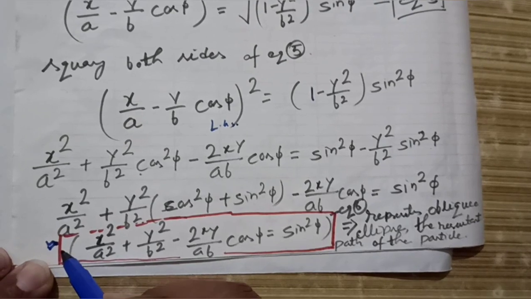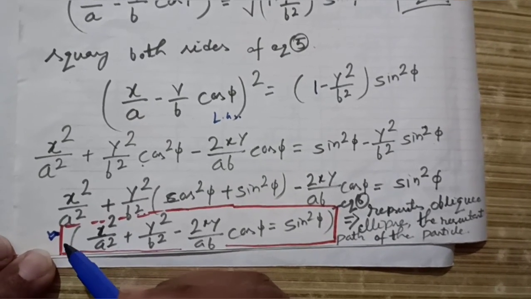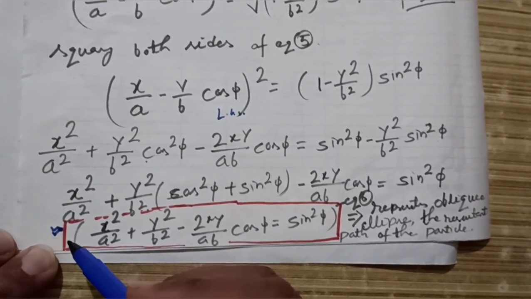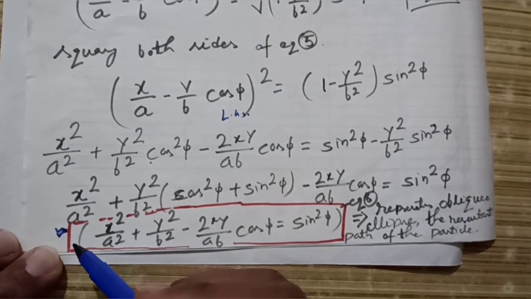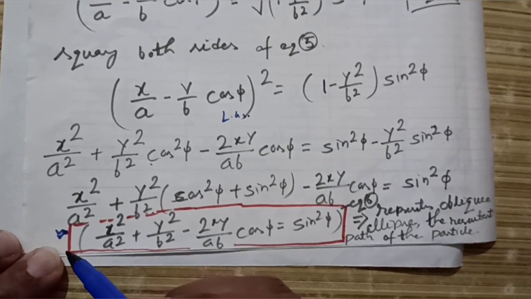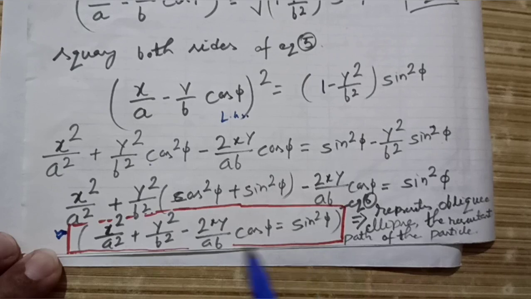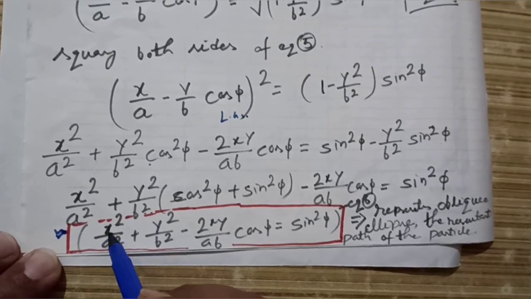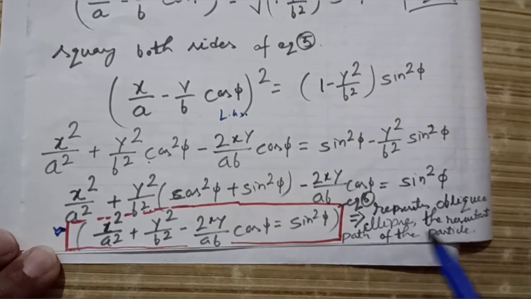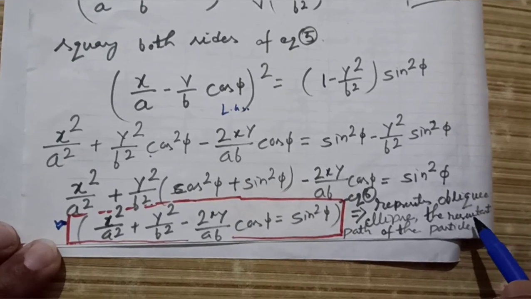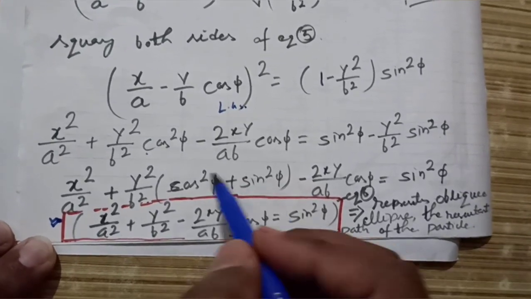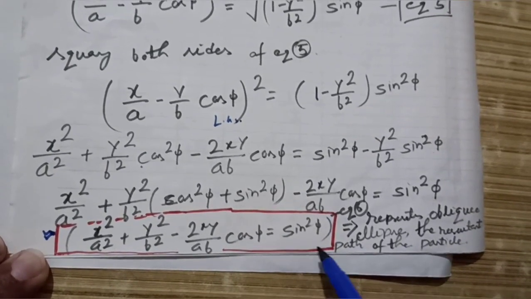because this equation is going to tell us about the pattern of the Lissajous figures, or the resultant path of the particle. And if we see this equation, what does it represent? This represents an oblique ellipse, and you can say that this is the resultant path of the particle.